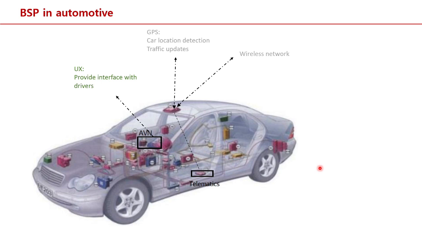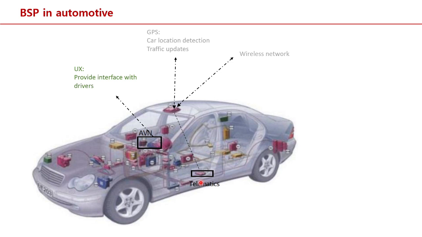Let's take a look at the diagram that shows what the AVN is and what the telematics is. In front of the driver, there's a cluster and the navigation, which are designed to provide a user interface to the driver.